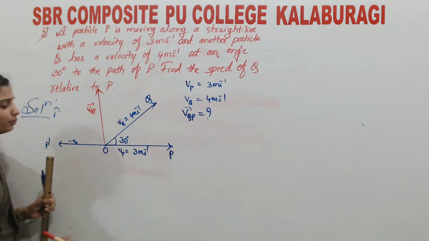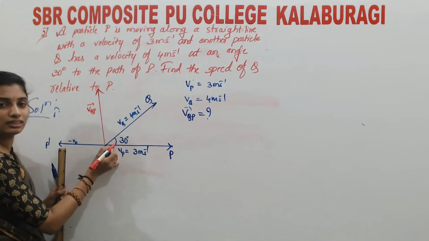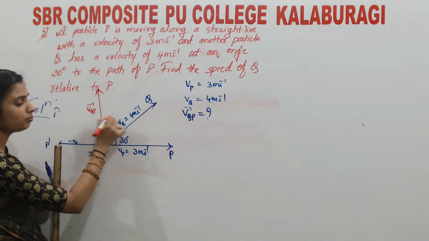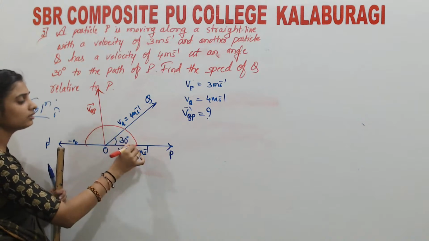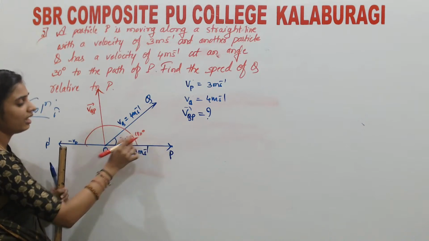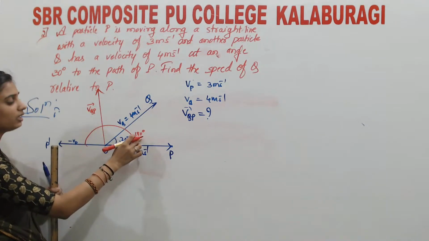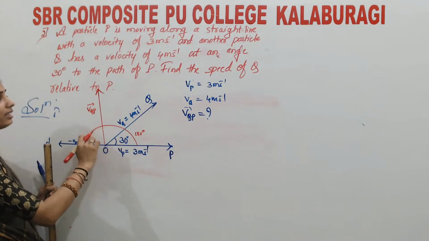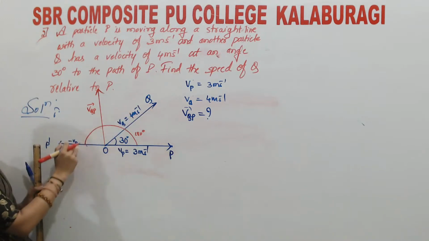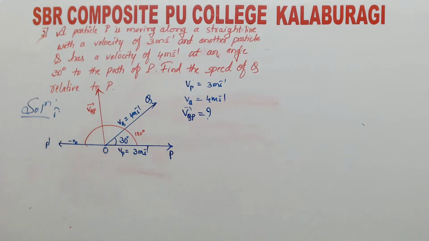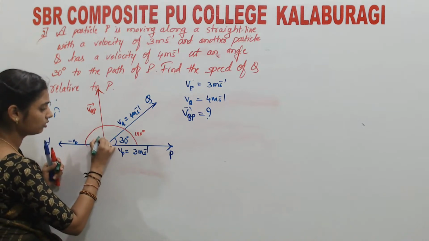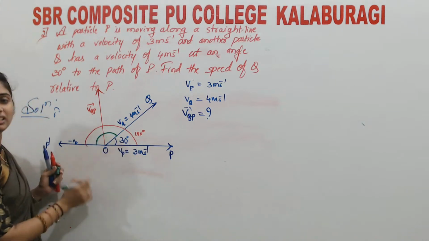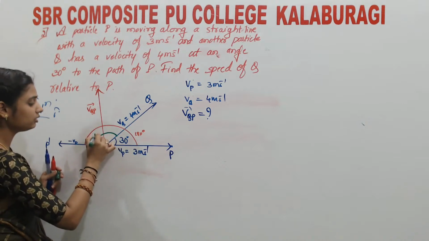Now you can see over here, this angle is 30 degree, and the angle between P dash and P is 180 degree. If here it is 30 and here it is 180, what can you write for the angle between Q and the reversed direction of Vp? 180 minus 30 is nothing but 150.